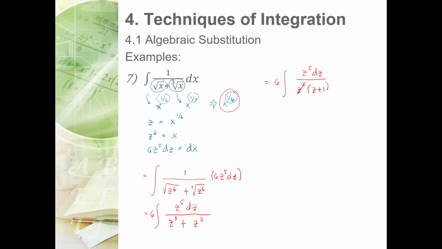Cancel out z squared, and this one becomes z cubed. So what is left now is 6 integral of z cubed dz all over z plus 1. Again, take note that if the numerator has a higher degree compared with the denominator, you may use long division.